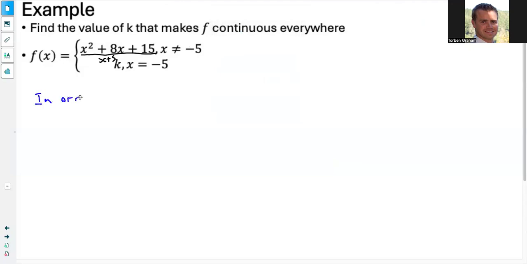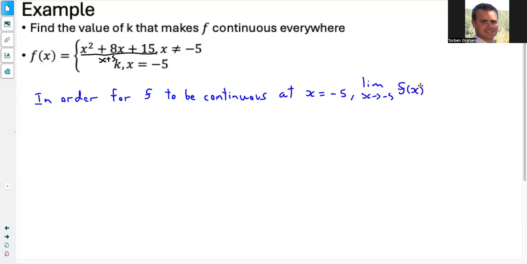So in order for f to be continuous at x equals -5, our limit as x approaches -5 of f of x must equal f of -5.